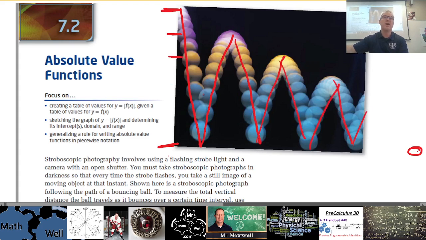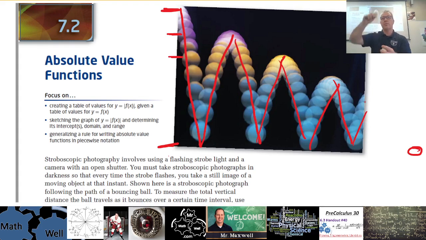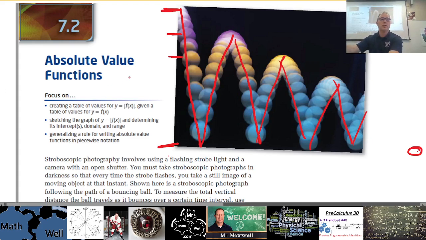So the absolute value of the function would be really important for us if I wanted to know how far the ball traveled in space. Okay, so I would have to measure down, up, down, up, down, up, down, up, down, up, right? So that's where an application of absolute value functions would come in handy.